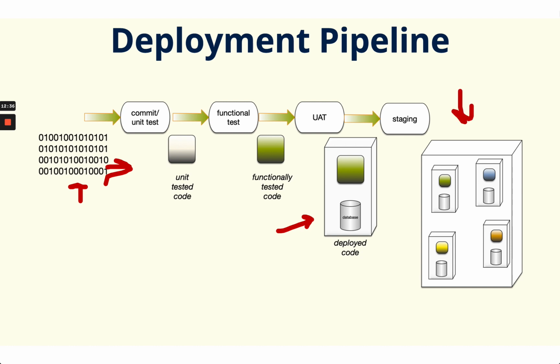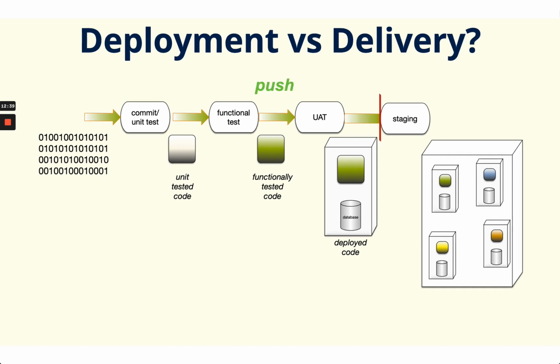So let's talk for a second about the difference between continuous delivery and continuous deployment. A lot of people use those interchangeably, but there is a distinction to be made between those, and it's an important distinction. So notice here, unit, functional, and UAT are all promoting to the next stage. These are all push stages. But right here, staging, I put up a roadblock because I don't want things to automatically promote into staging when they're done with UAT.